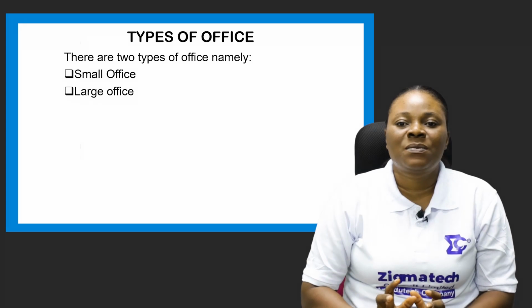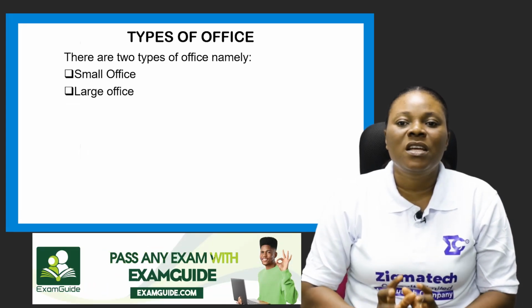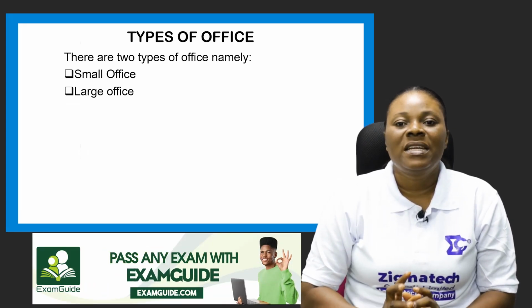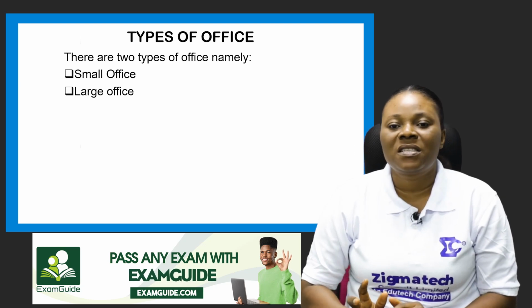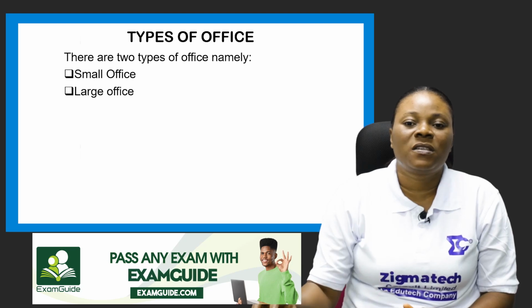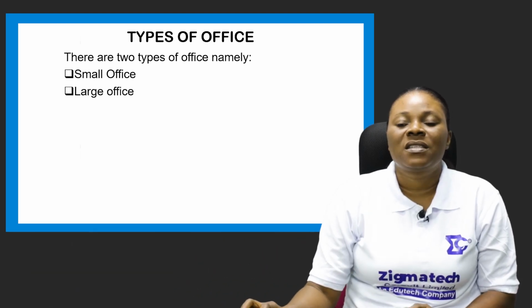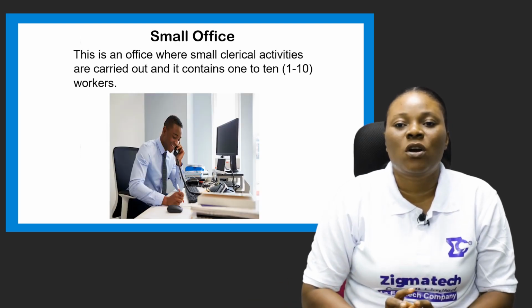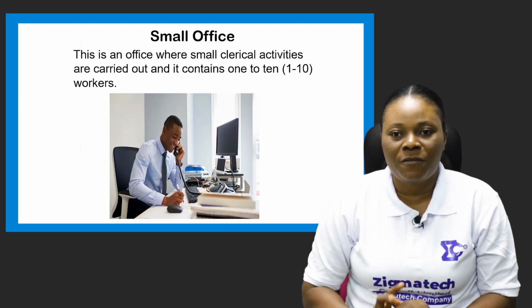Now we move to the types of office. There are basically 2 types of office, namely the small office and the large office. So how can we define or describe a small office?